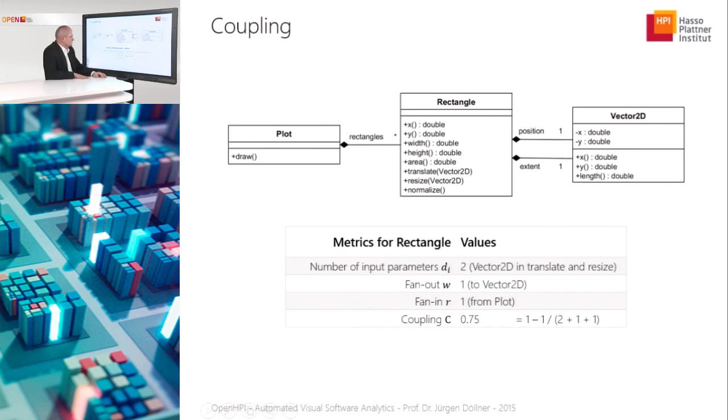We have a fan-out of 1 and a fan-in of 1 related to these two classes. Rectangle uses vector, and plot uses rectangle. The coupling metric value results in this value just by putting the values in the formula. So we have a relatively strong coupling, not too strong, but it's not weak, let's say.